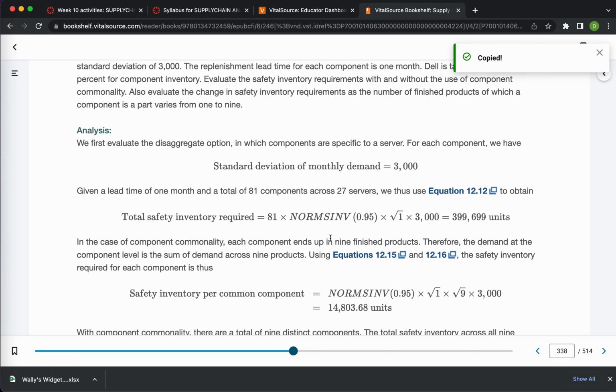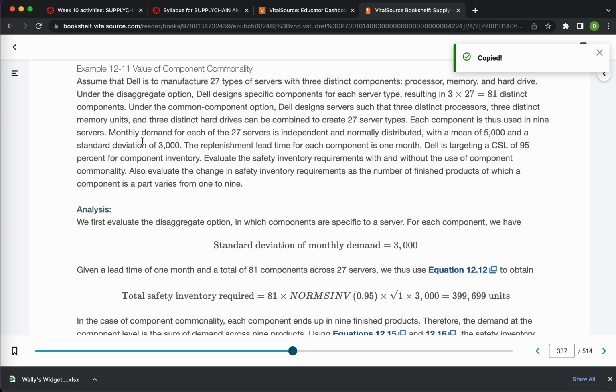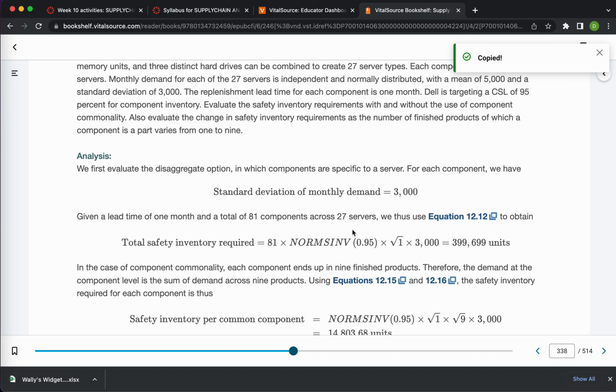Let's first look at the disaggregate option, then we'll look at the aggregate option and see how they are different. The standard deviation of monthly demand is 3,000. Now, if you have 27 servers and three separate components, so you have 81 separate components, and you are holding safety inventory for each of those 81 components separately, then the total safety inventory will be 81 times the safety inventory for each individual component, which will be the inverse normal of 95% because that's the cycle service level, times the square root of 1 because 1 month is the lead time, and 3,000 is the standard deviation of monthly demand.